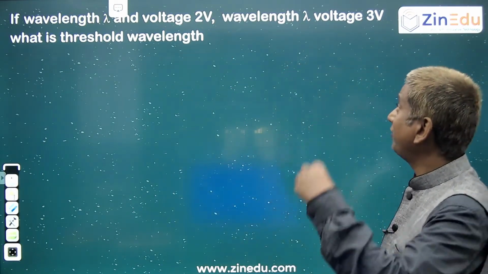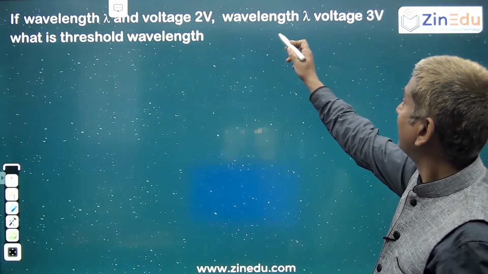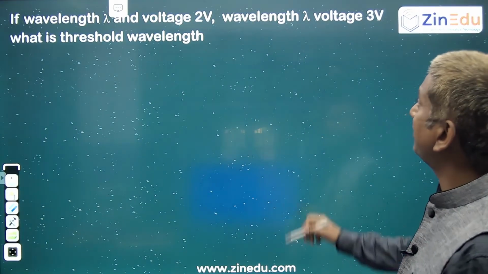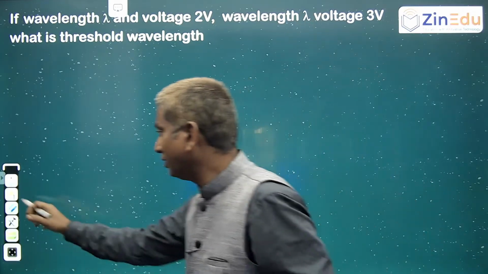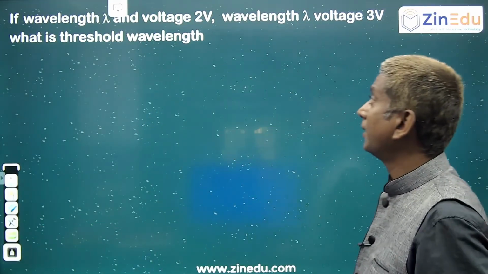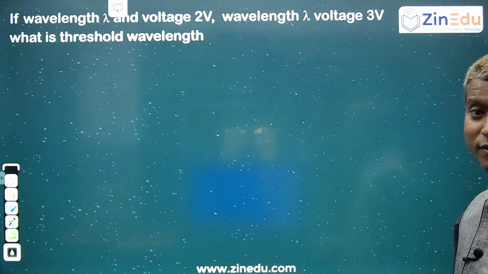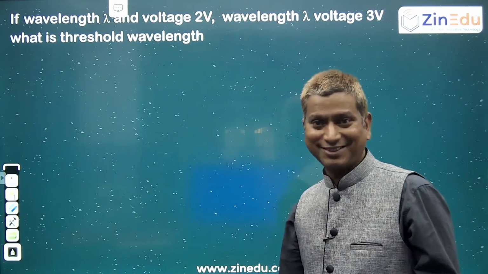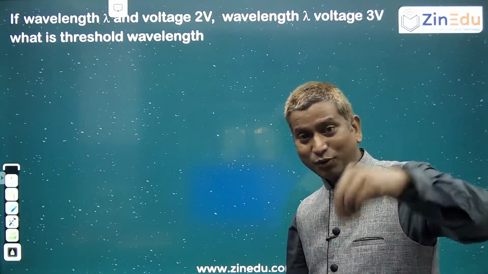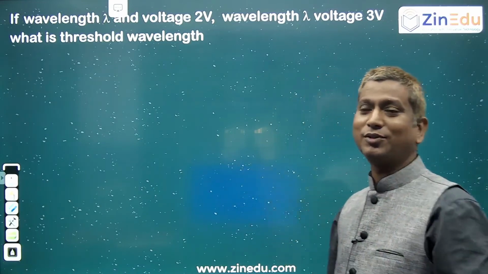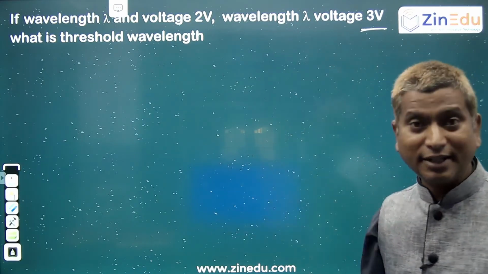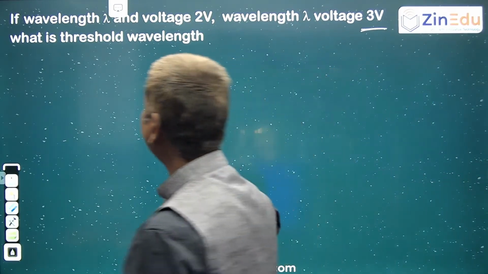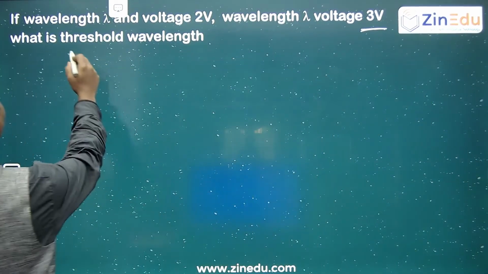And if the wavelength is another value, because when you increase the wavelength, the energy of the photons will decrease, so the stopping potential also decreases. Here the stopping potential has increased, so the wavelength has to decrease. Correct? Then they are asking what is the threshold wavelength.